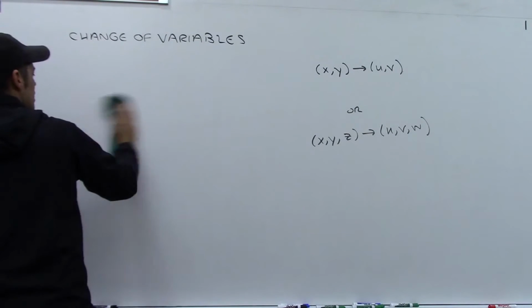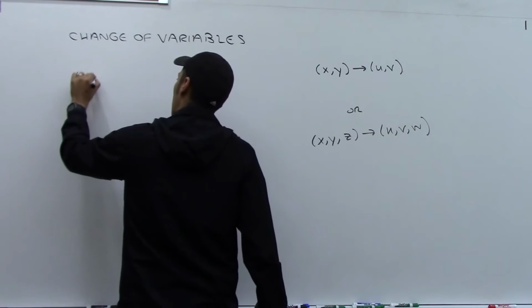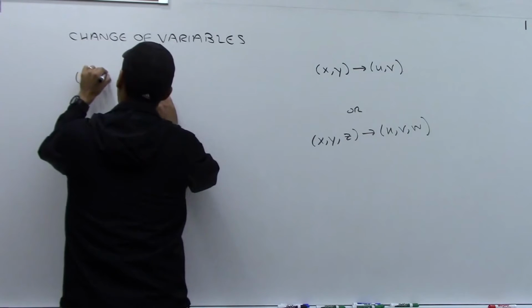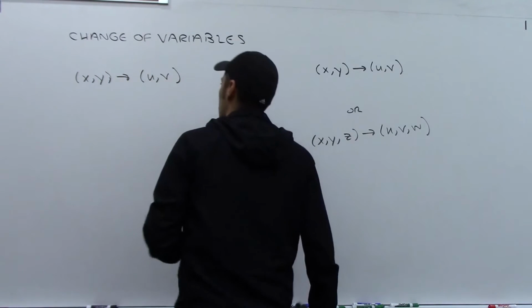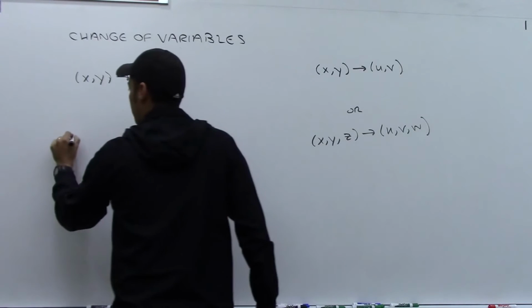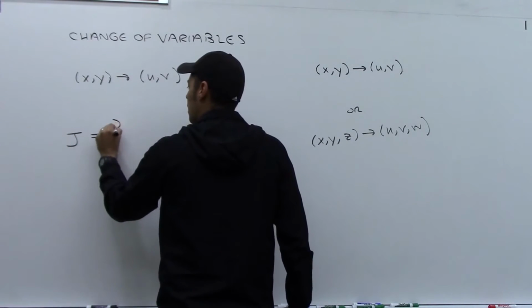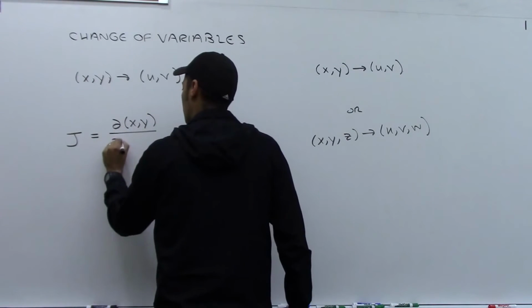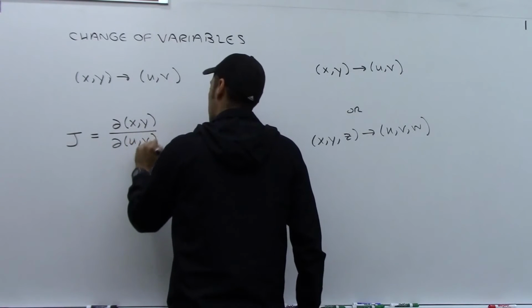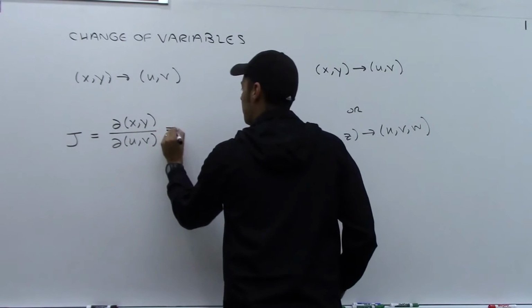What if we're trying to figure out what the Jacobian is when we are going from x, y over to u, v? So the Jacobian, the notation for it looks like this.